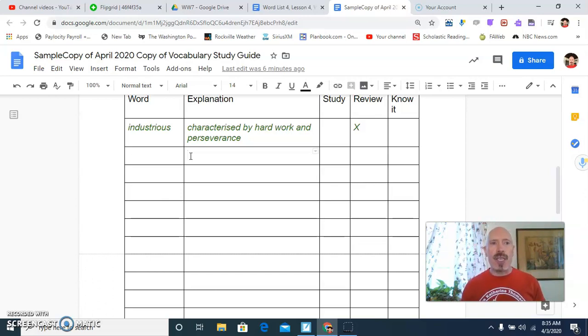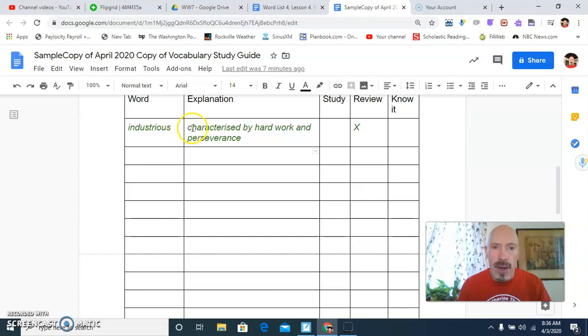You're not actually thinking about the definition. And so it's no good. What you really have to do is think about how you could describe what the word means to you. By putting it into your own words, you're more likely to express how much you understand it and get the most out of it.